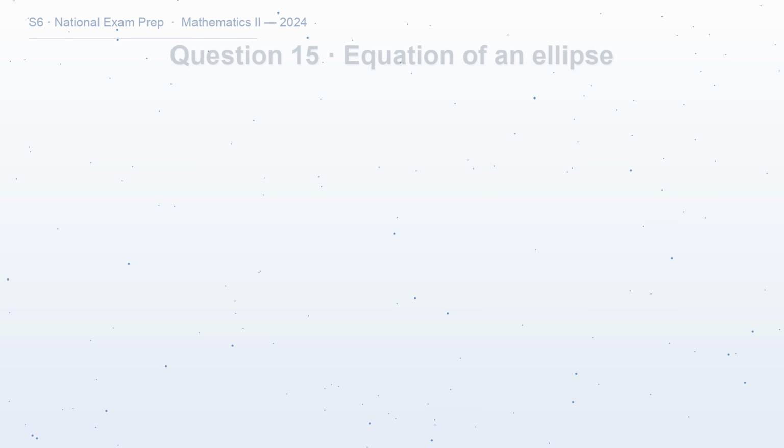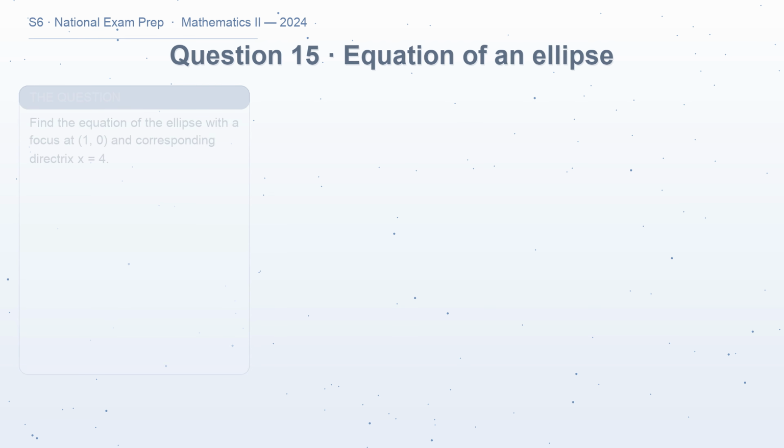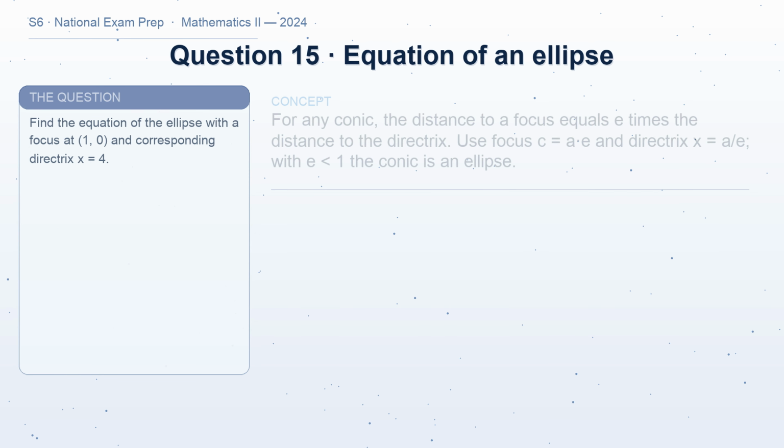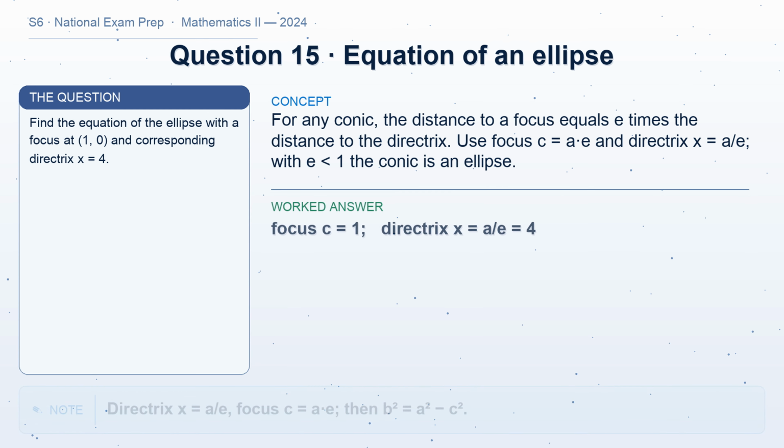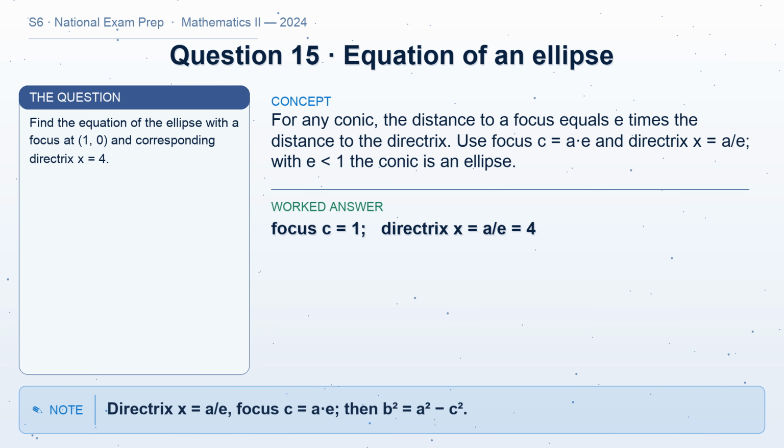Question 15. Find the ellipse with a focus at (1, 0) and matching directrix the line x equals 4. For a conic centered at the origin, the focus sits at c equals a times e, and the directrix is the line x equals a over e. Here the focus gives c equals 1, and the directrix gives a over e equals 4.